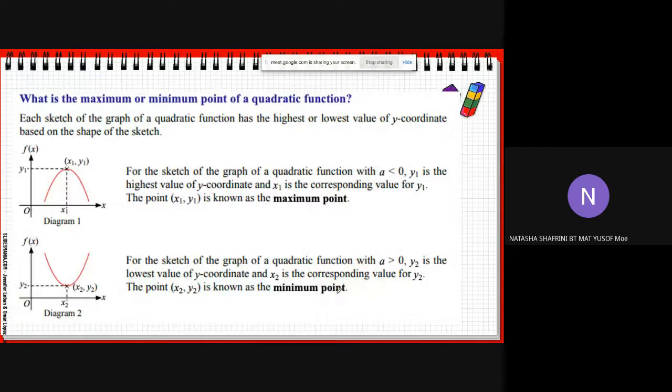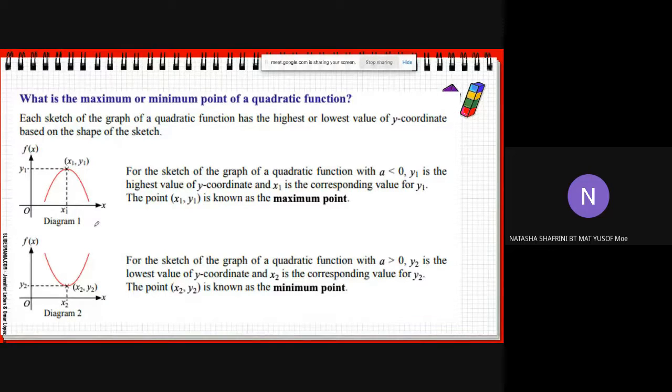Okay, what is the maximum or minimum point of a quadratic function? Apa tu maximum minimum? Each sketch of the graph of a quadratic function has the highest or lowest value of y coordinate based on the shape of the graph.